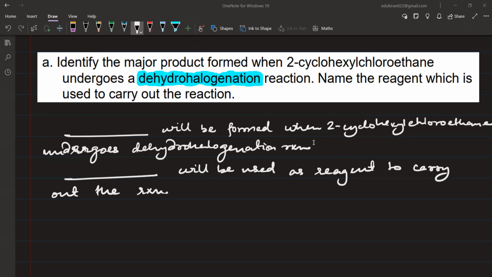What product, major product will be formed, right? You have only told the reagent. Yes, Mamuna, will you tell me what happened? Mamuna, are you there? Yes. What happened? You are not able to do it? Mamuna?